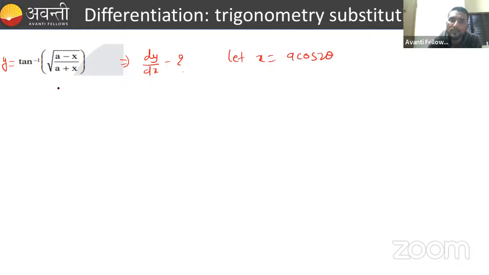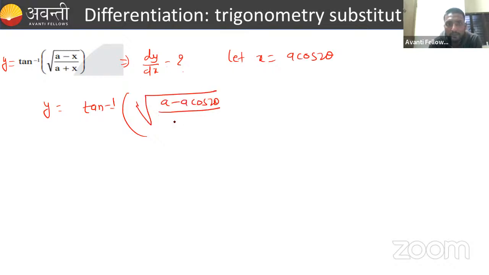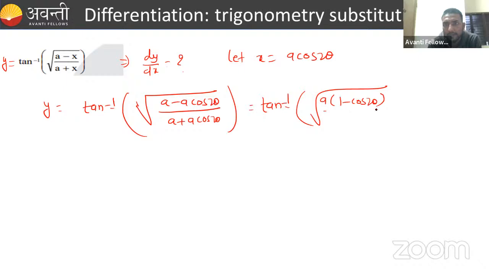First of all, we will simplify it and then we will do the derivative. So it is tan inverse root under (a minus a cos 2 theta) divided by (a plus a cos 2 theta). Now I can take a common: (1 minus cos 2 theta) divided by (1 plus cos 2 theta), and a will be cancelled out.